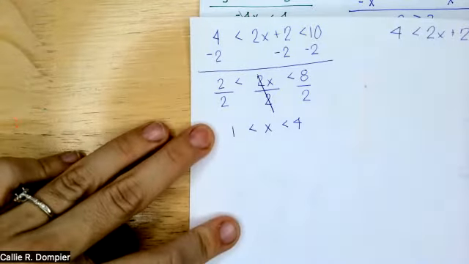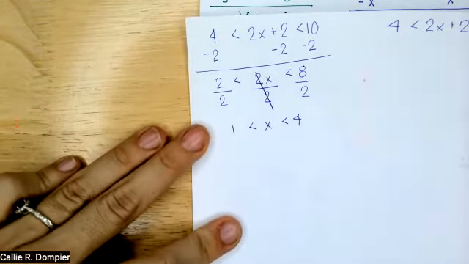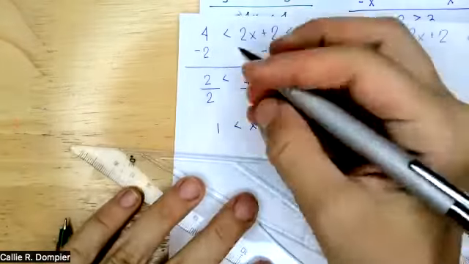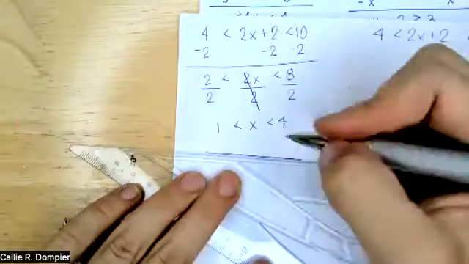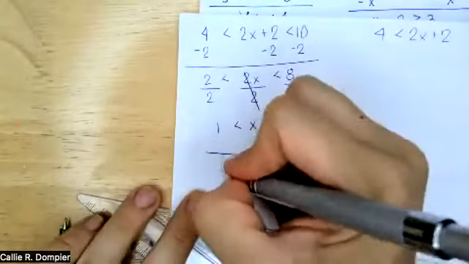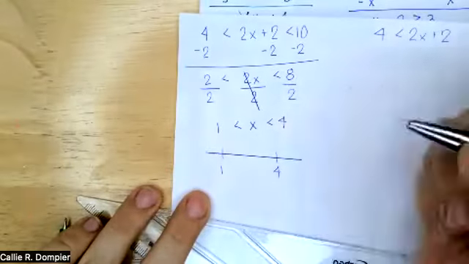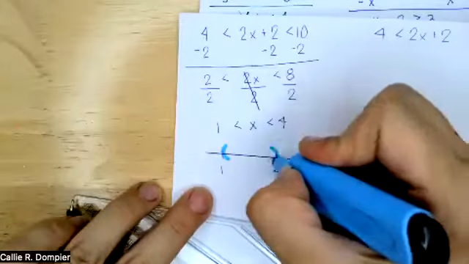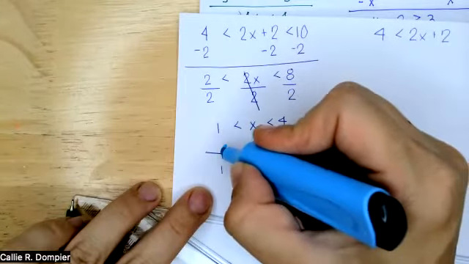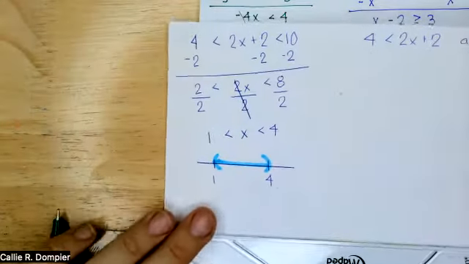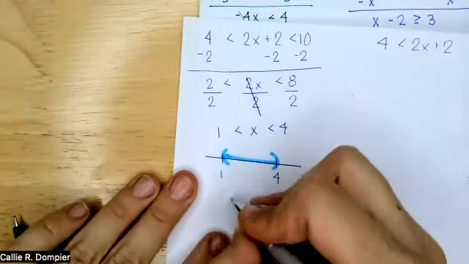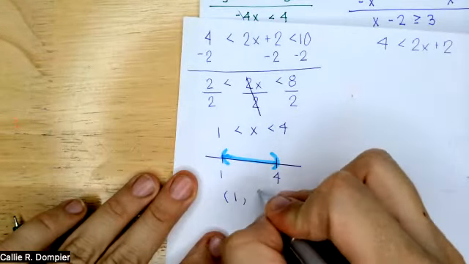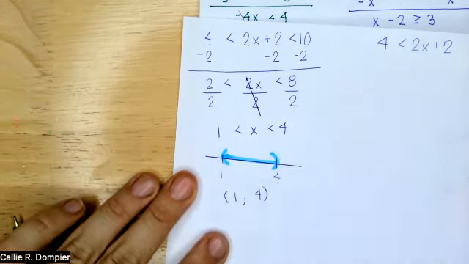So I have x is greater than 1 and x is less than 4. So our interval notation would be just what I graphed, parentheses 1, 4, close the parentheses.